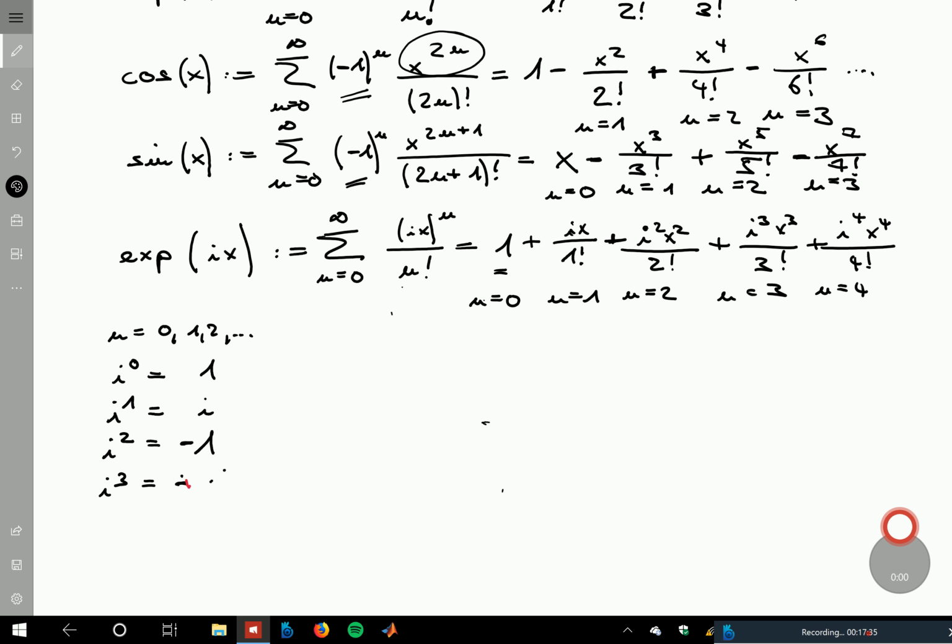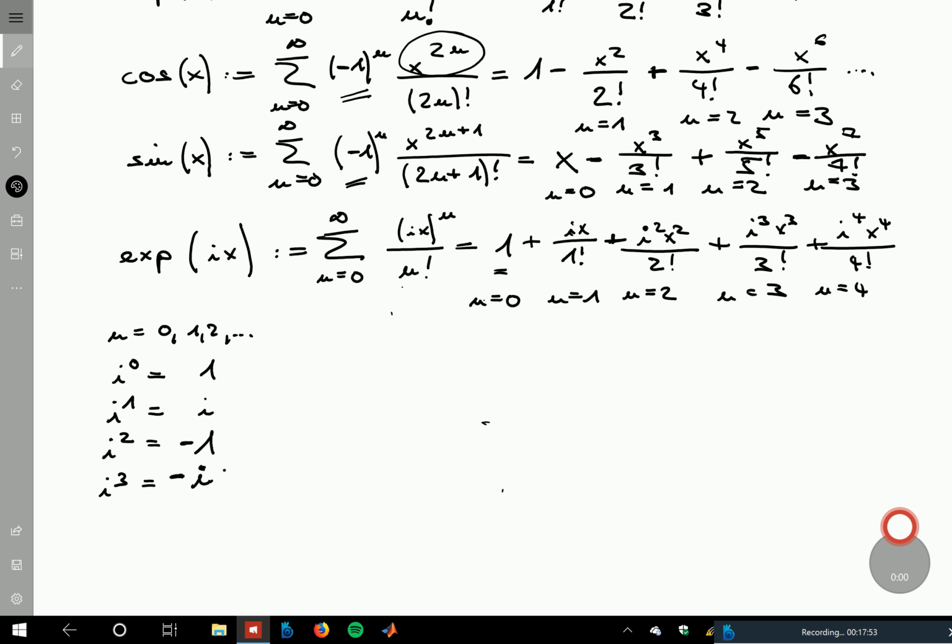We have some dots here. -i, because the square in there evaluates to -1, and then there's one i left.